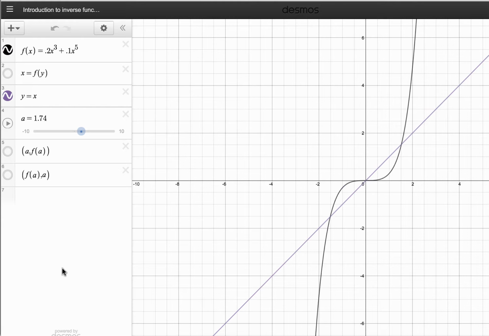There's a cubic. It's in black. And I can show you that there's a point traveling along the graph. Well, if I wanted to take the inverse, I told you we flip over that line y equals x. So you're going to get a mirror image over that. So there's our black point traveling along the black line.